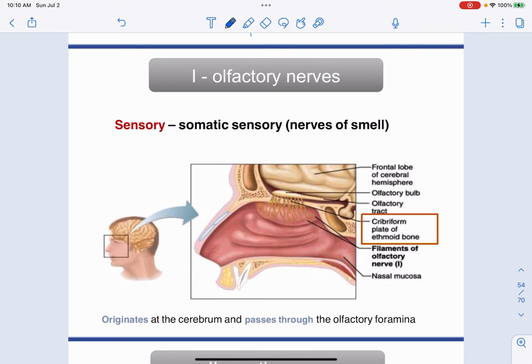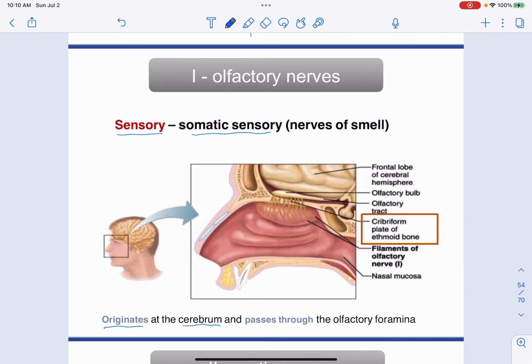The first cranial nerve is called the olfactory nerve. This nerve has sensory information going through it. It is somatic sensory. It is the nerve of smell, okay? This nerve is going to originate at the cerebrum.